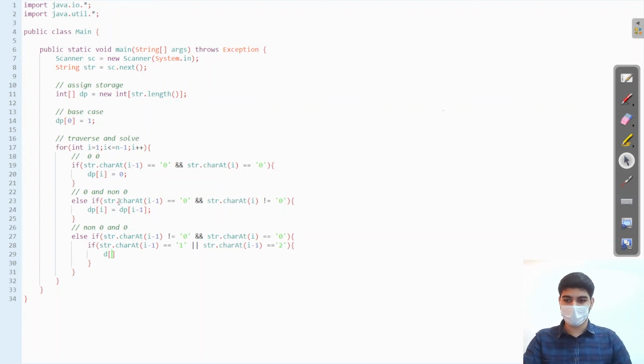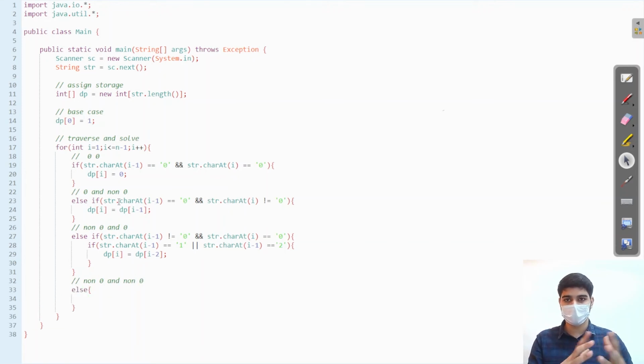So dp of I is equal to dp of, since I'm making a call of 2, I minus 2 over here. This is it. The last case is when we have both non-zero.